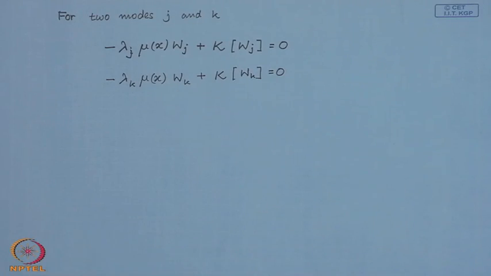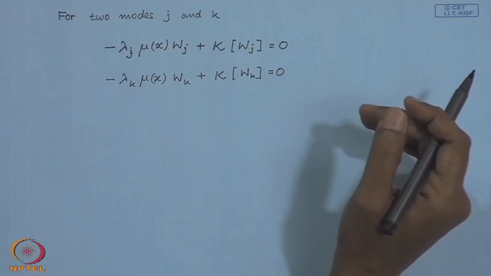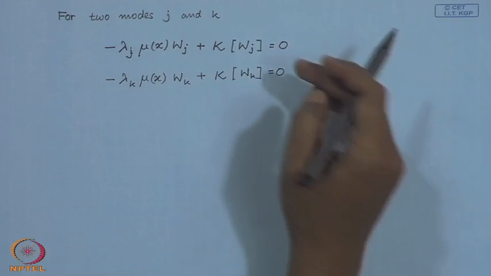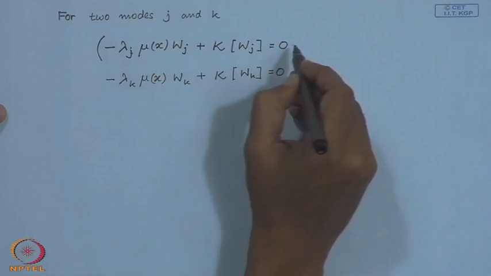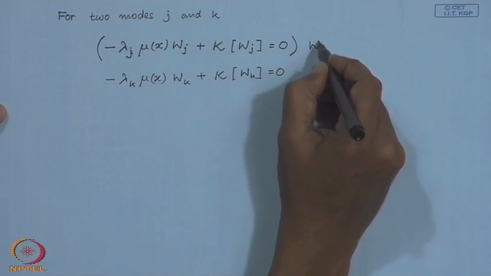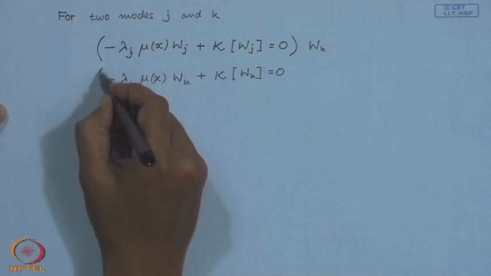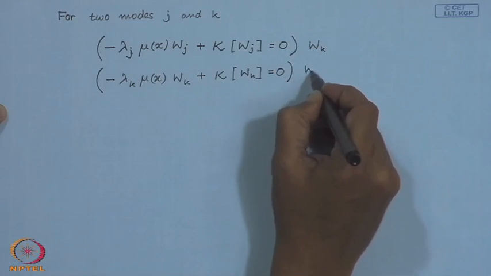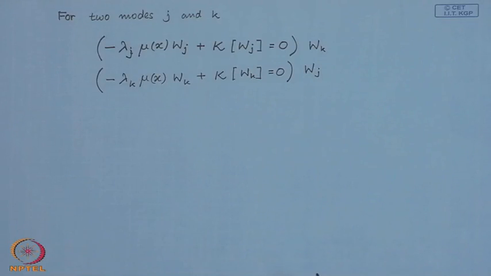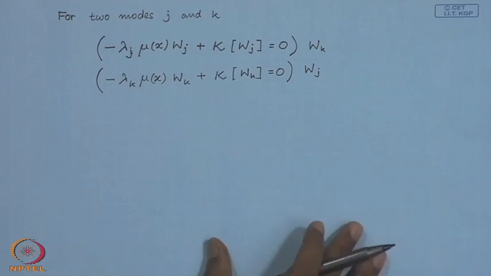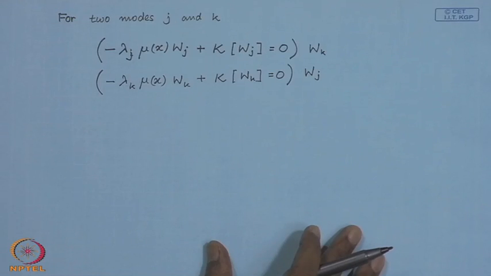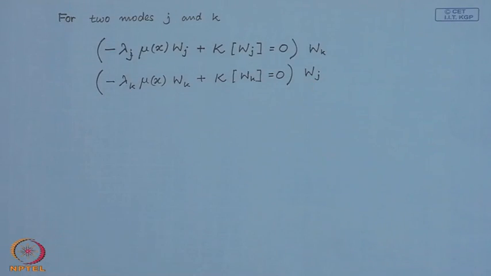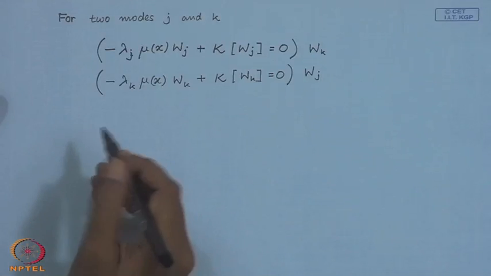Now, the objective of this analysis is to determine certain properties of the eigenvalue problem. So, let me multiply this first equation with W k and the second equation with W j, and subtract one from the other.